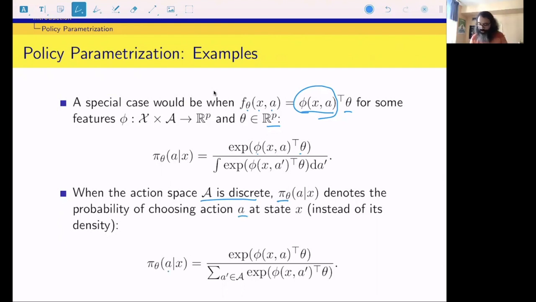The probability of choosing action A at state X would be the exponential of phi of x and a times theta, and then instead of an integral, we have a summation over a primes. This would be a valid probability distribution for any choice of phi and theta.